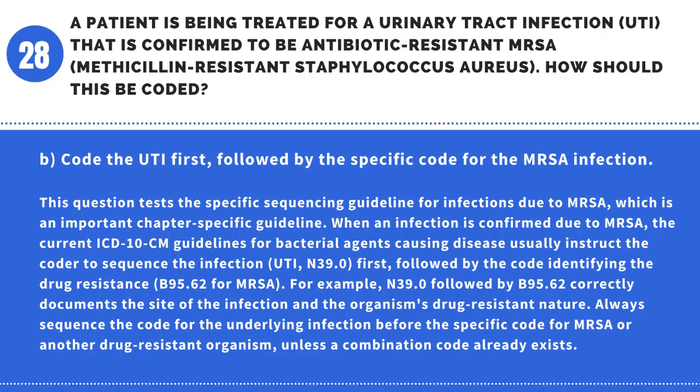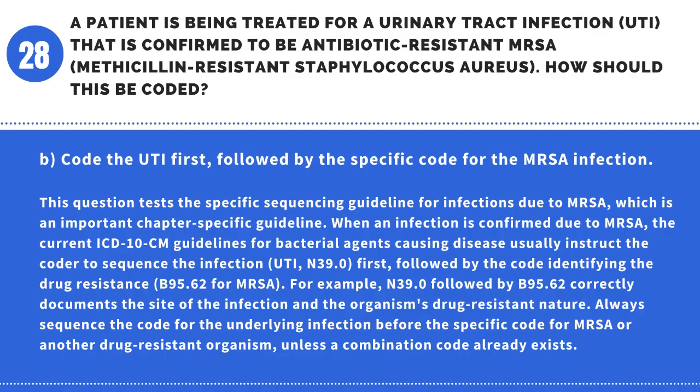This question tests the specific sequencing guideline for infections due to MRSA, which is an important chapter-specific guideline. When an infection is confirmed due to MRSA, the current ICD-10-CM guidelines for bacterial agents causing disease usually instruct the coder to sequence the infection, UTI, N39.0 first, followed by the code identifying the drug resistance, B95.62 for MRSA.